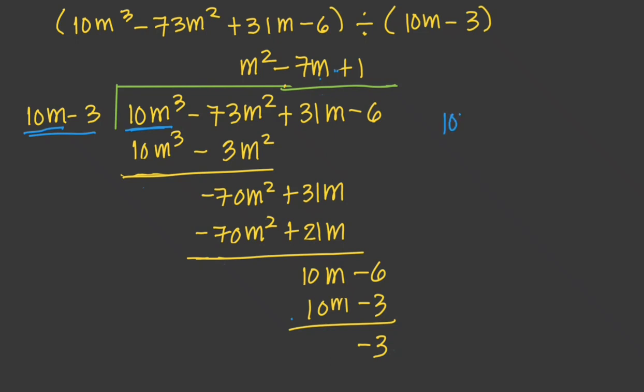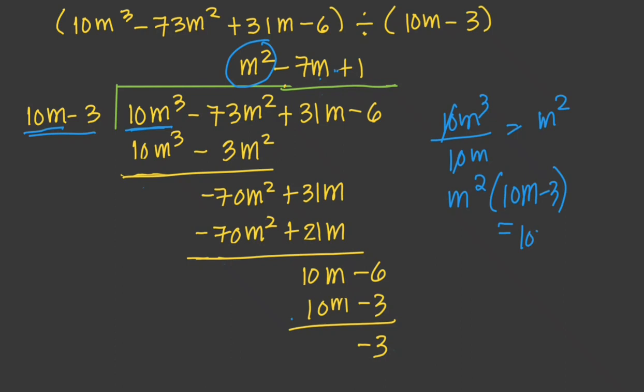So that would be 10m cubed divided by 10m, which is m squared. And then we write m squared here in line with negative 73m squared, and then we multiply m squared by 10m minus 3. That would be 10m cubed minus 3m squared. And then we write what we got here.